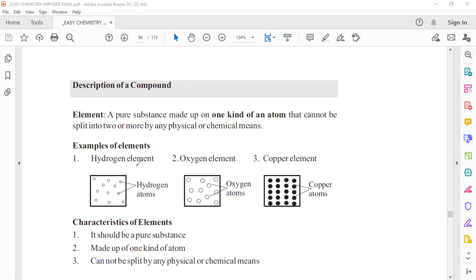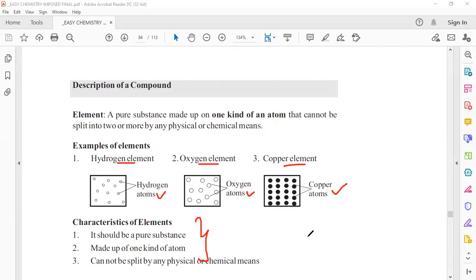The hydrogen element is made up of hydrogen atoms. Then the oxygen element is made up of oxygen atoms. The copper element is made up of copper atoms.